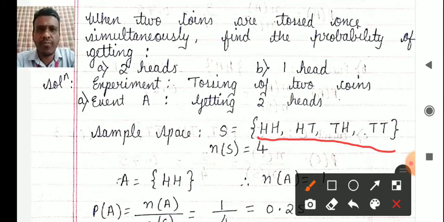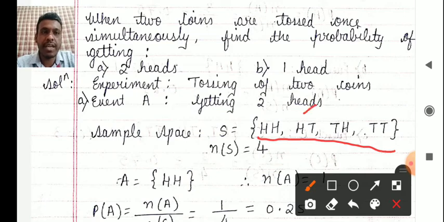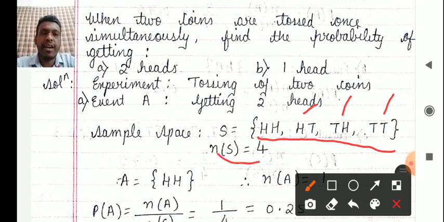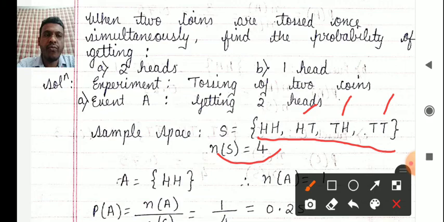If you cannot write it, you have to learn it by heart. HH, both will be heads. The first one will be head, the second one will be tail. It becomes opposite here: first one will be tail, the second one will be head, or else both will be TT. So this is how you will get it, and n(S) is equal to 4.